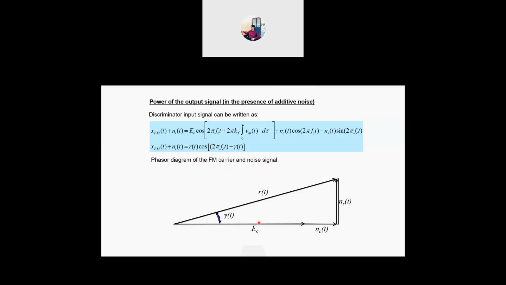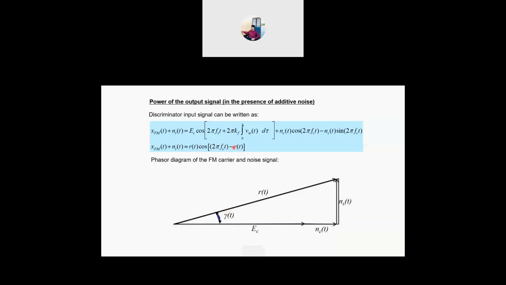You have Ec and Nc, the carrier and noise, and you have Ns and Nc, and it will make an angle of gamma(t).